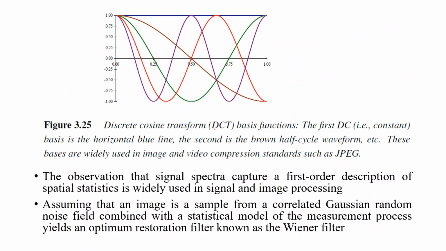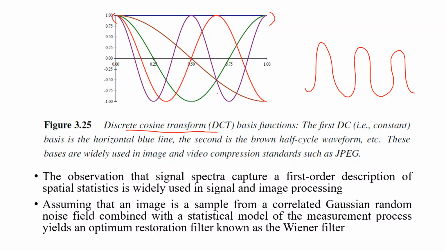The next one represents the curve of the discrete cosine transform, which we'll see later. This line represents the low frequency, shown in blue. The sine wave we know, right? I'm not going to focus on this sine wave now. Focus on this blue line as well as this brown line.